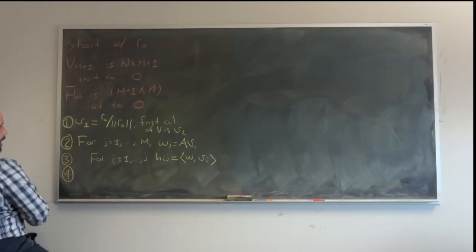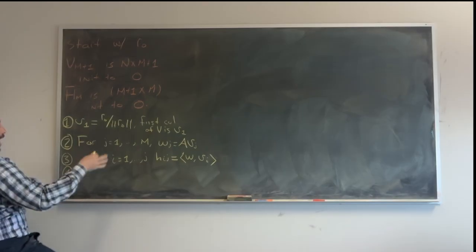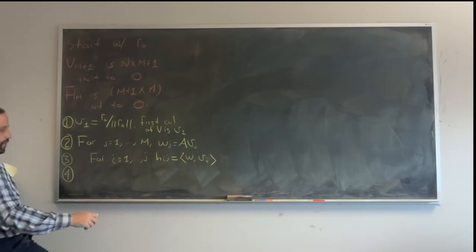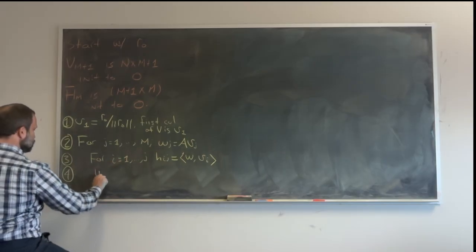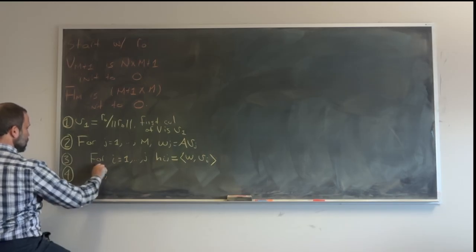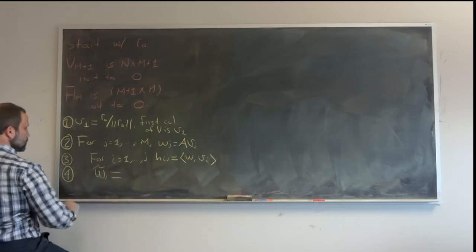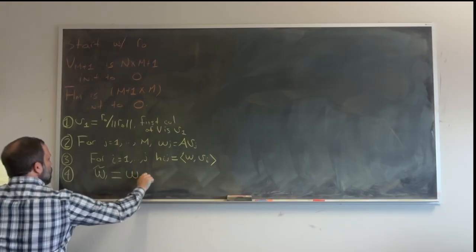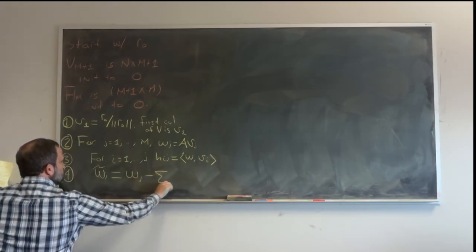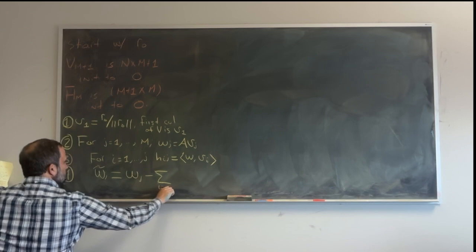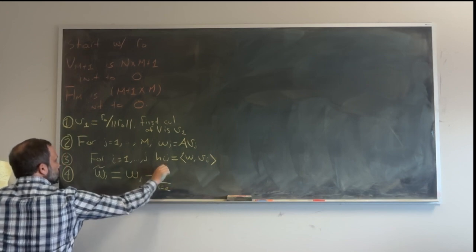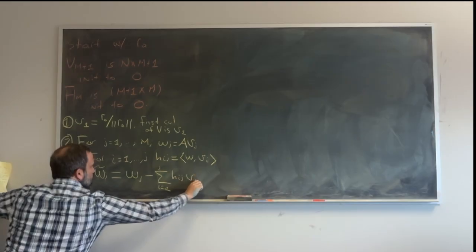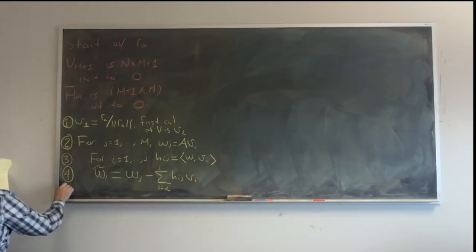We're just going to subtract off the projection of wj onto the previous vectors. So wj tilde is going to be equal to wj minus the sum for i equals 1 to j of hij vi.